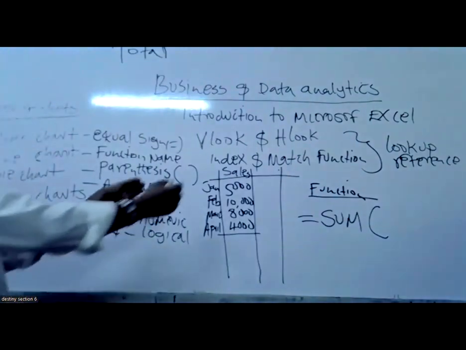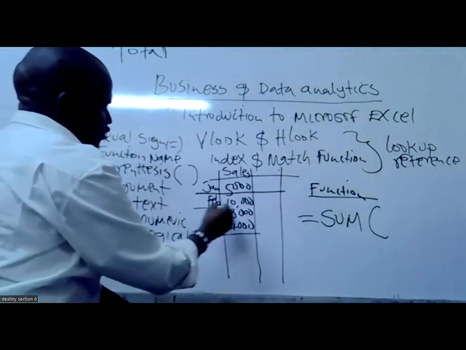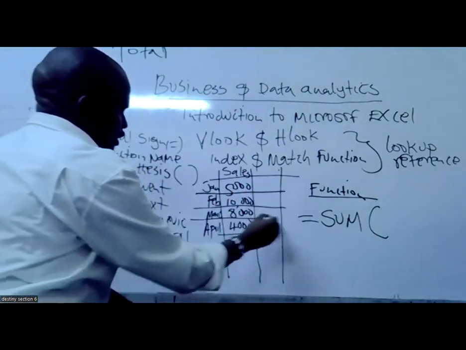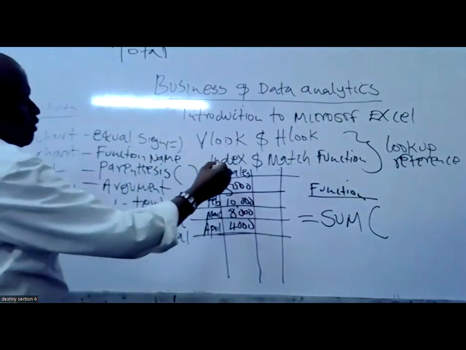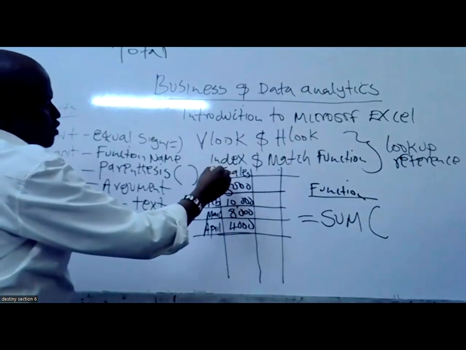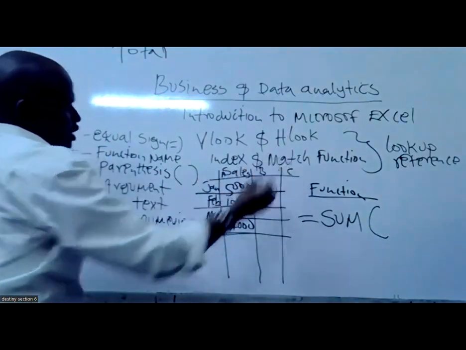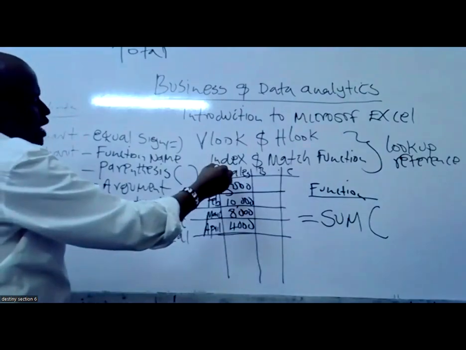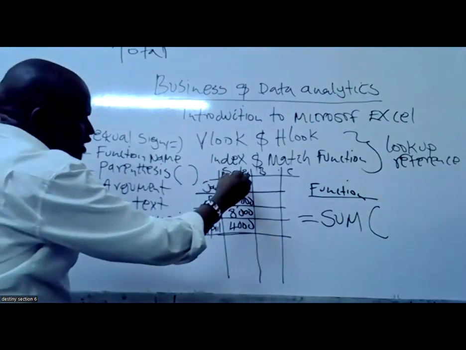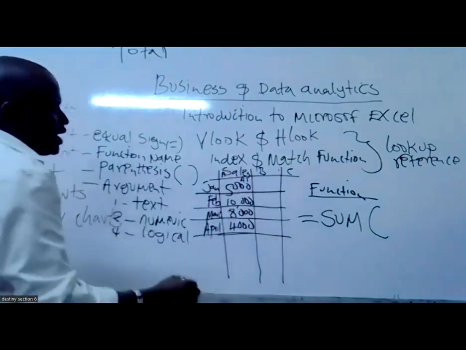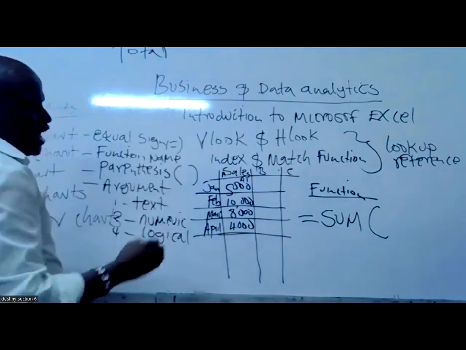And then let us say this is the column, and in this column we have, let us say, this is A, then this is B, and this is C. So column A1, this one with 5,000, it is A1. It is column A and then row number 1. So that is the cell address.